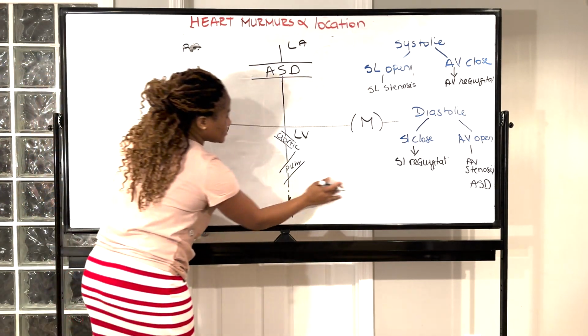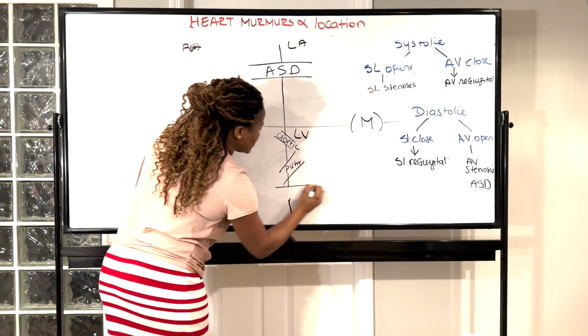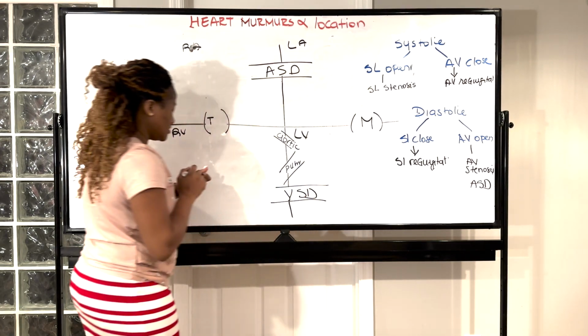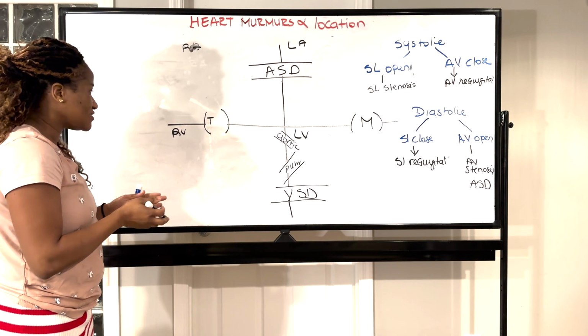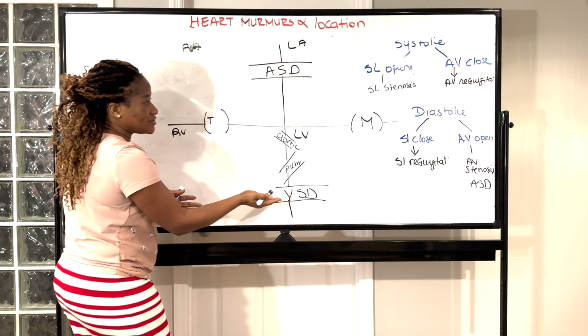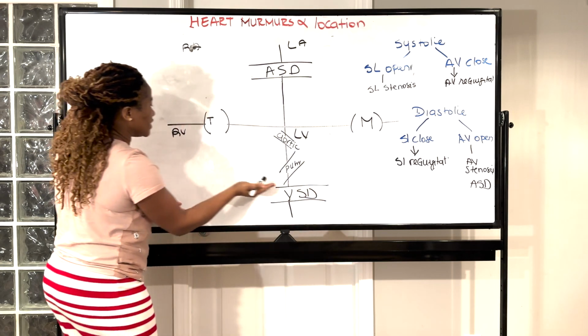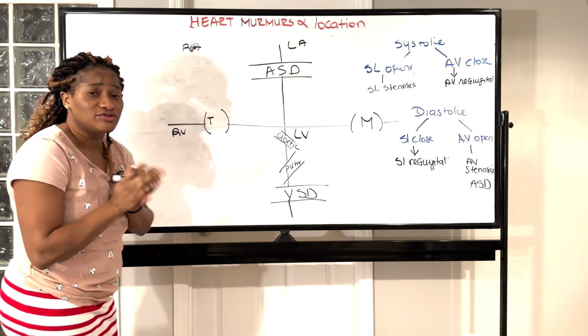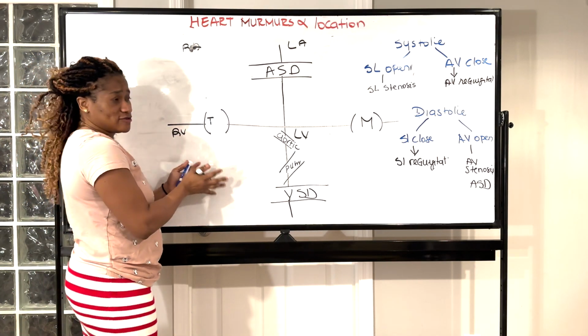Now let's do the same thing on our VSD. In the VSD, same concept, the blood will have a tendency to move from the left ventricle to the right ventricle. The right ventricle is not used to working with so much blood.